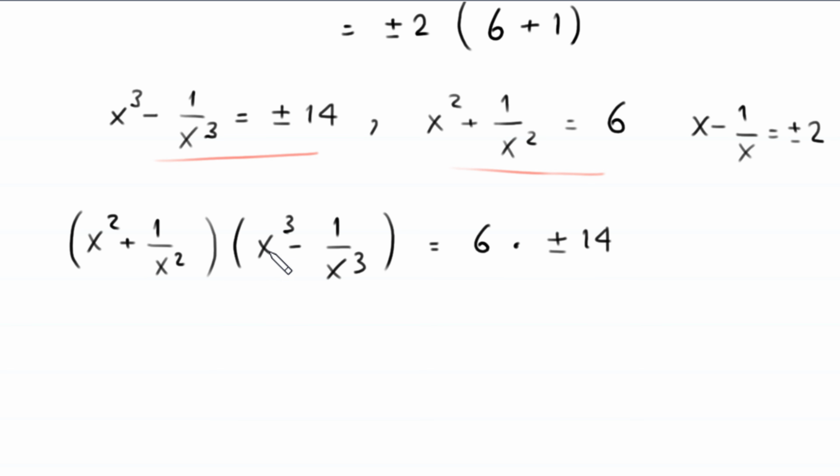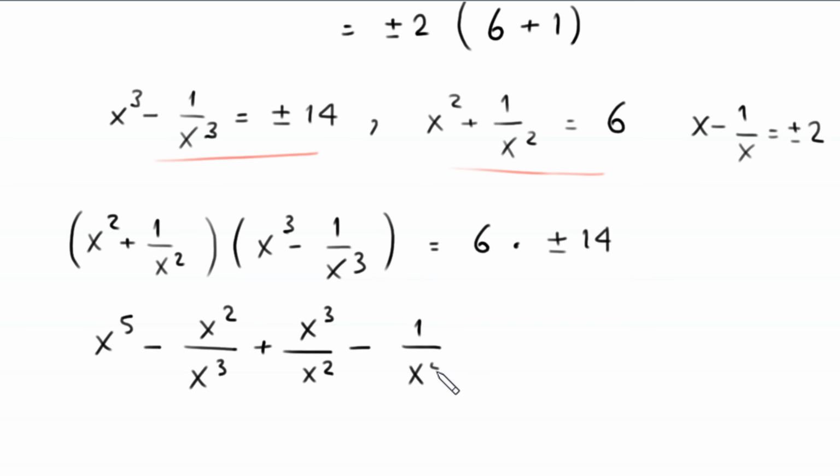This x squared times x cubed will become x to the power 5, and x squared times negative 1 over x cubed will become negative x squared divided by x cubed. 1 over x squared times x cubed will become plus x cubed over x squared, and 1 over x squared times negative 1 over x cubed will become negative 1 over x to the power 5, equal to, this will become plus minus 84.